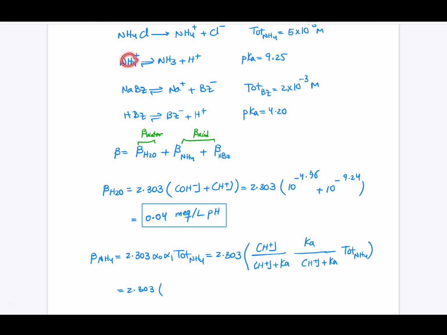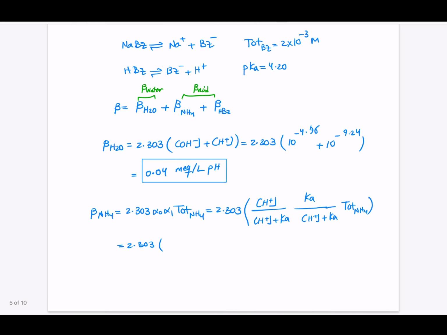So this is half of the total, and this is also half of the total. So alpha at pKa would be equal to 0.5. Or you can calculate this: pKa is equal to pH, so these two are equal, and this one divided by this would be 0.5 also.